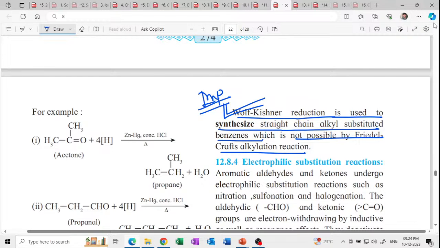That's a reaction with hydrazine followed by heating with sodium or potassium hydroxide. Get it? So it is called the Wolff-Kishner reduction. In this reaction, oxygen is replaced by 2 hydrogen atoms.